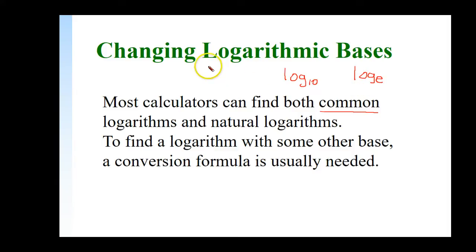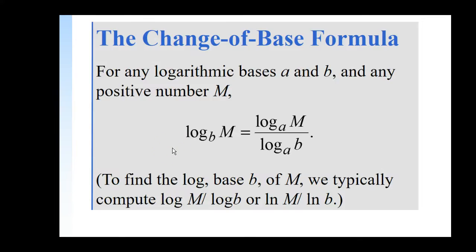This one is usually log, L-O-G, and the natural log, and I'm looking at my calculator right now, is LN. So these are keys on your calculator. Common log, base 10. Natural log, base e.